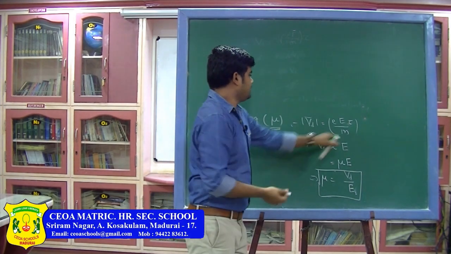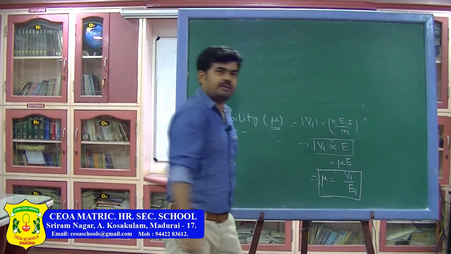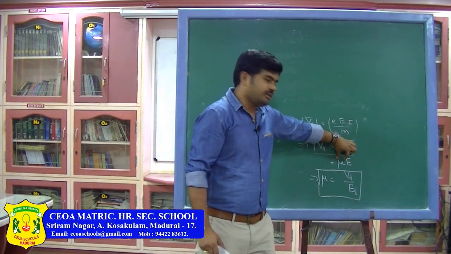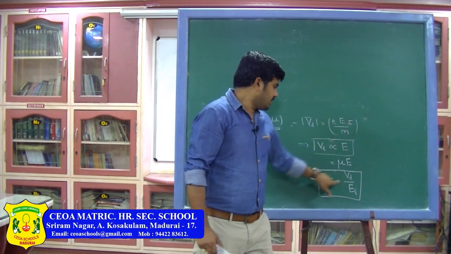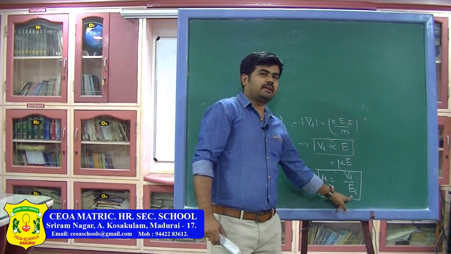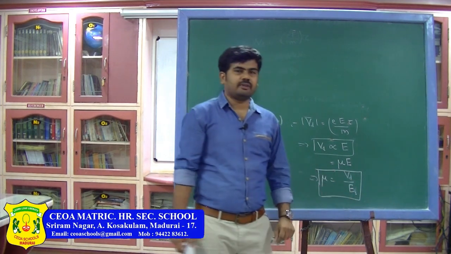Now taking this drift velocity expression, I told you Vd is directly proportional to the applied electric field strength, where the proportionality constant is known as the mobility of charge carriers mu, and mobility is equal to the ratio of drift velocity to the applied electric field strength, that is drift velocity per unit applied electric field strength.